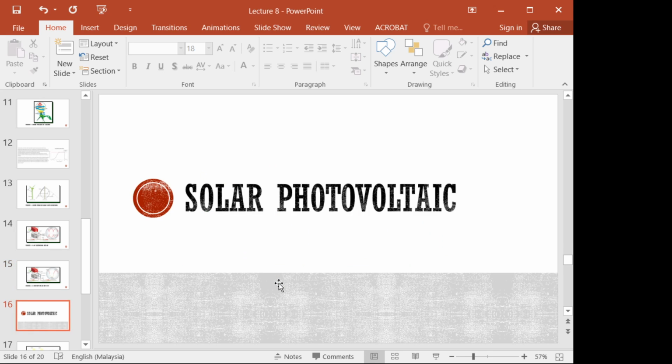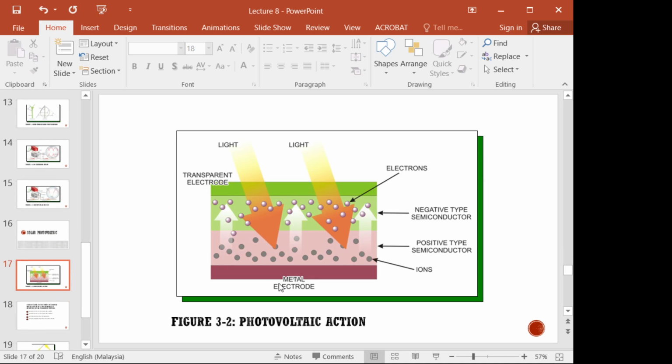Okay, now you want to see the solar photovoltaic, or known as solar PV. So this is how the electricity from PV is generated. We have light that activates the ions, and we know that in PV we use semiconductors.